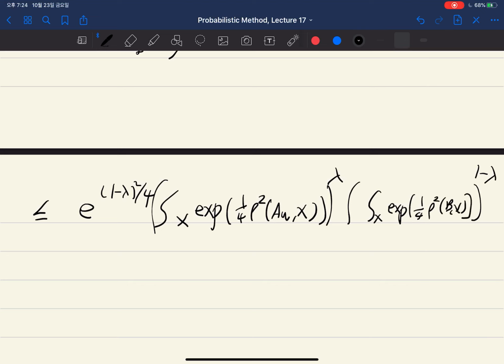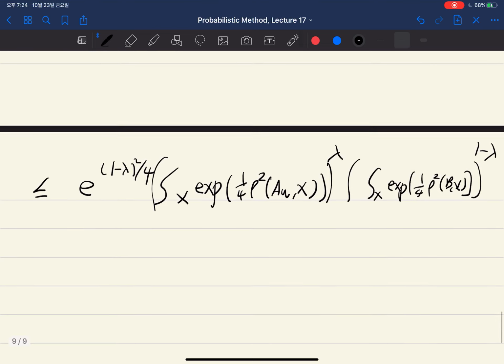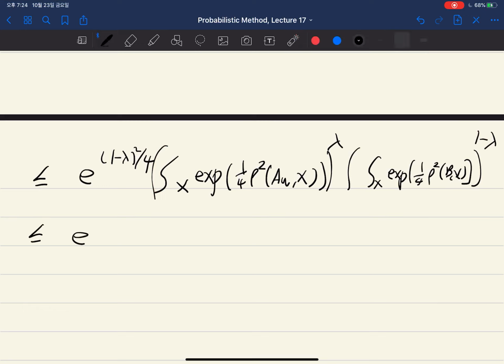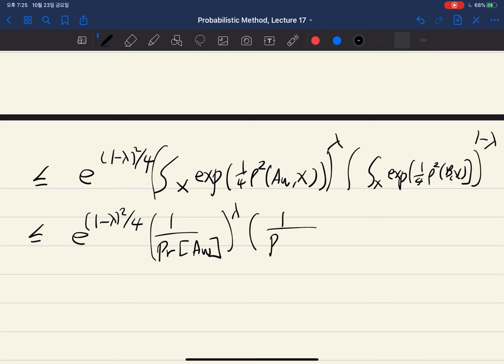We get this. But now this is the integral in one lower dimension, so we use the induction hypothesis. Then this is the measure of this AW in a lower dimension, dimension n, and this is the measure of B.